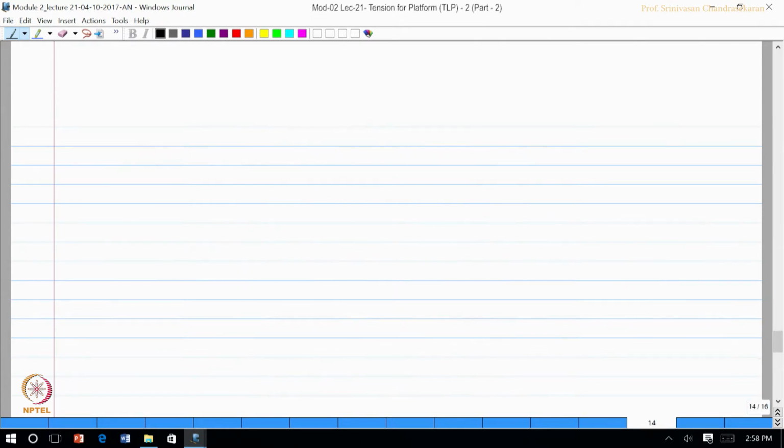Let us quickly see what is my M11, M22 and M33. This will be equal to the mass of the platform. M44 will be the mass of the platform into Rx square.